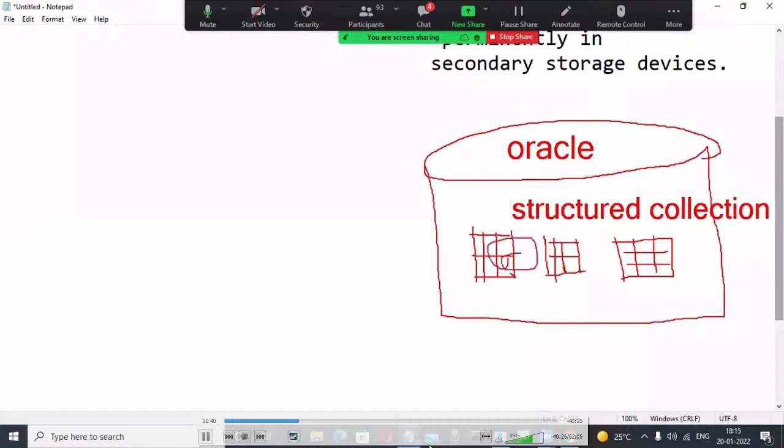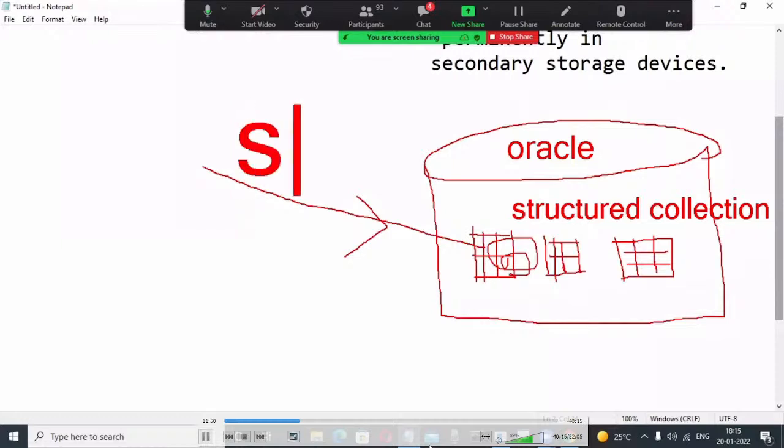Once a structured collection of data is there, we operate on this data using some language. What is that language? Maybe anybody has an idea? SQL, structured query language. Through this language only, we operate on the structured data in relational databases. But MongoDB, those types of databases are different.